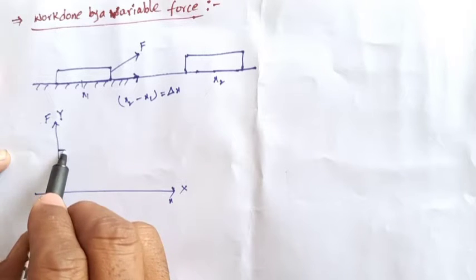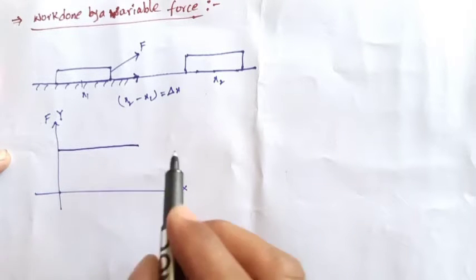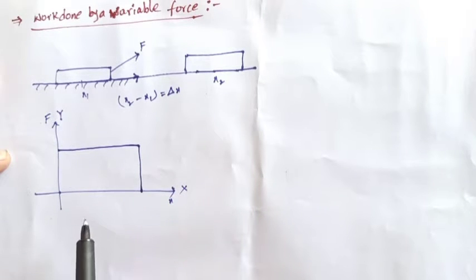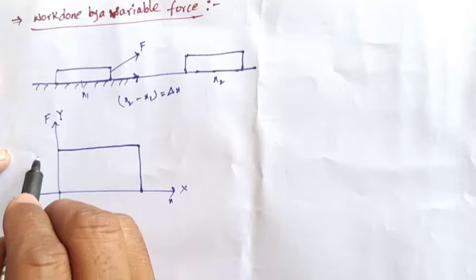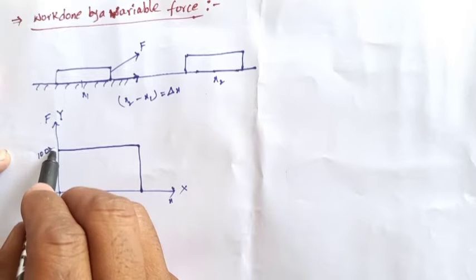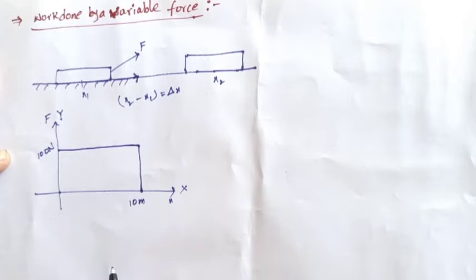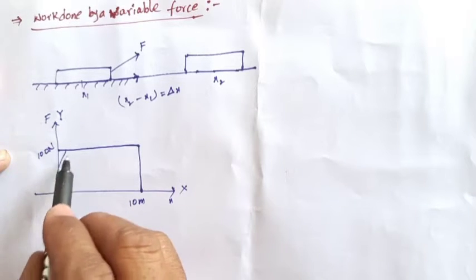The force is constant and the displacement changes. For example, a 100 newton force is applied and it moves 10 meters. So this is the area.